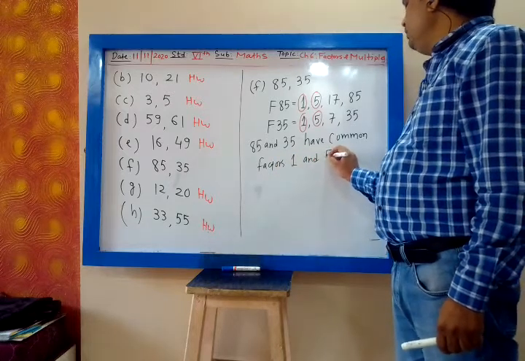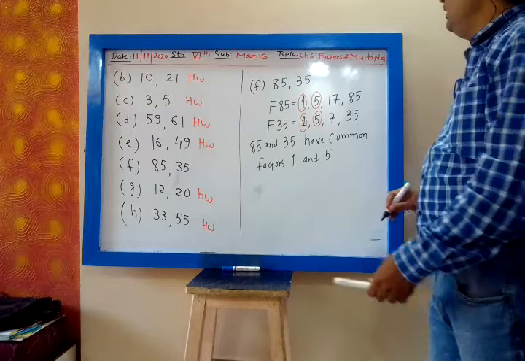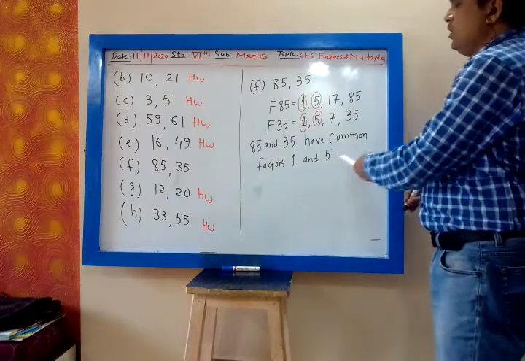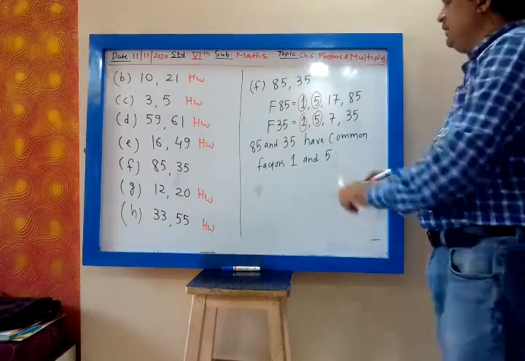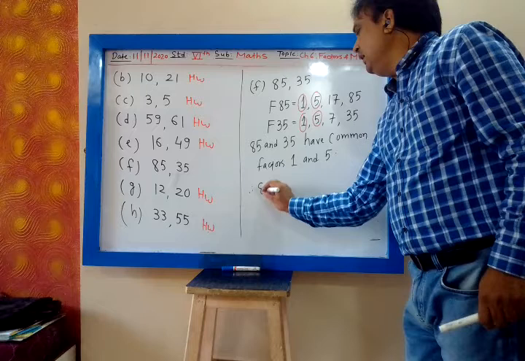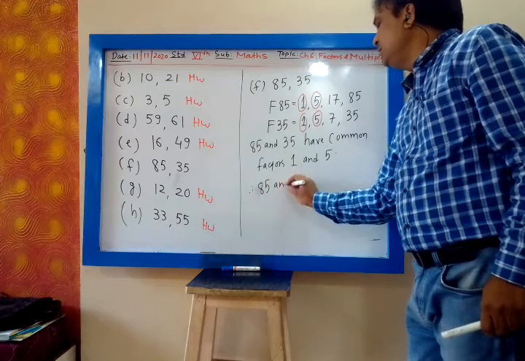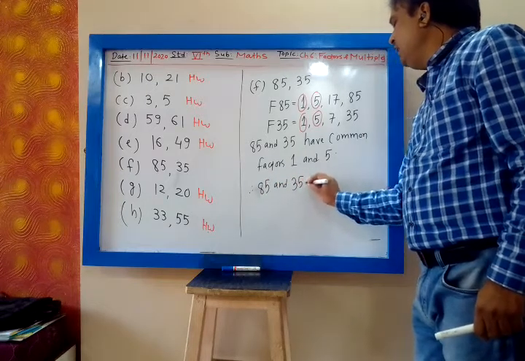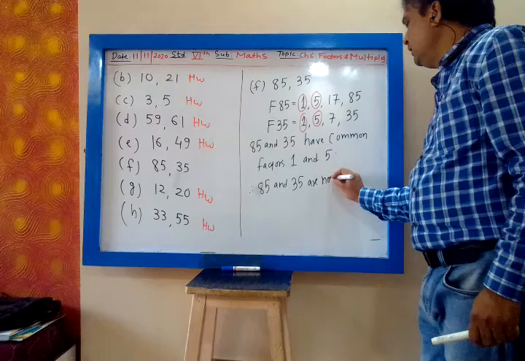Whenever they have only one common factor, 1, then they are co-primes. But these have two common factors, 1 as well as 5, and therefore 85 and 35 are not co-primes.